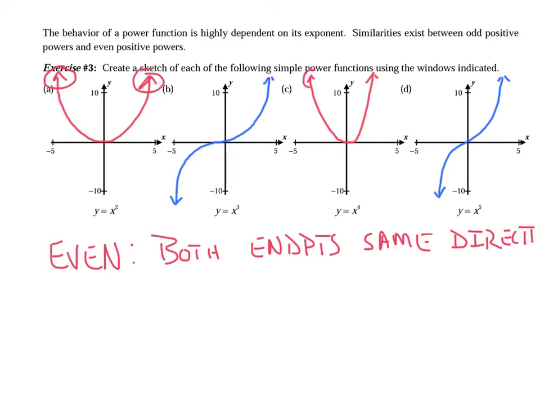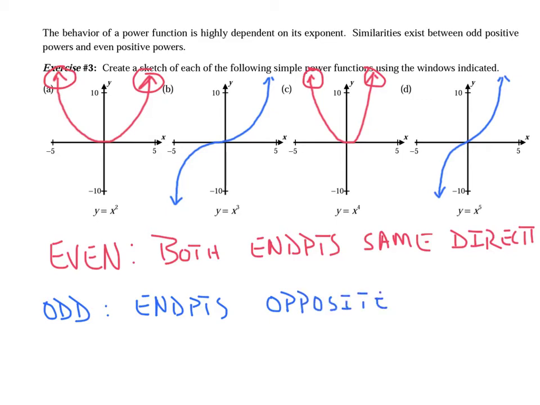And again, on x to the 4th, both endpoints are heading towards positive infinity. However, when you looked at the odd functions, x cubed and x to the 5th, the endpoints are heading in opposite directions. One endpoint's heading towards negative infinity, and the other endpoint is heading towards positive infinity. And that's an important characteristic to know.